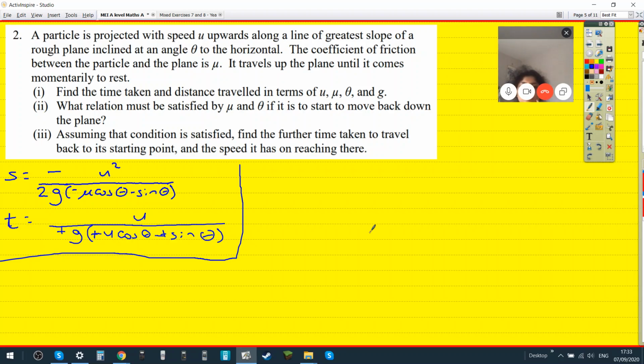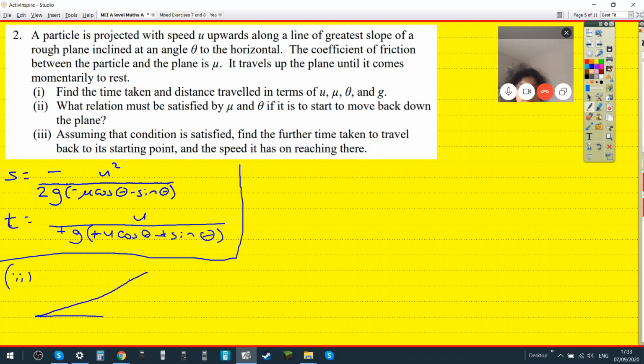So what would happen to mu? Mu would change direction. Yeah. The direction of friction would change if it's going to move back down. I don't really get what they mean, but let's just see.